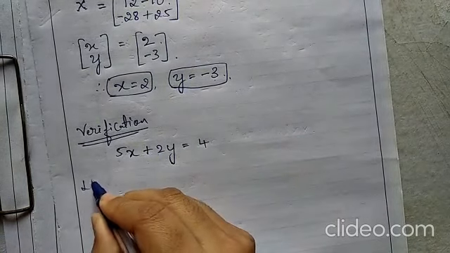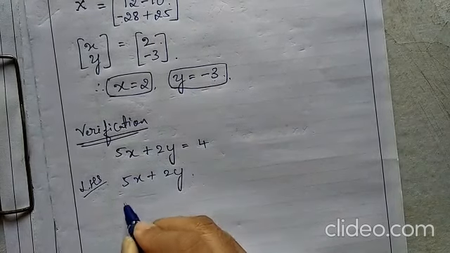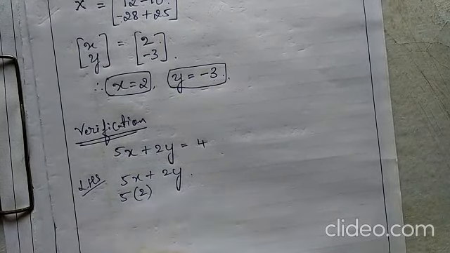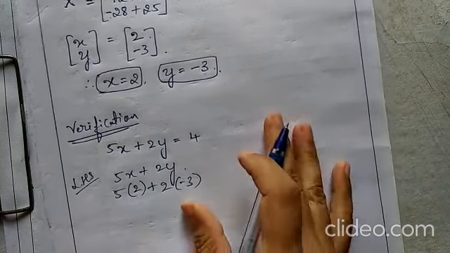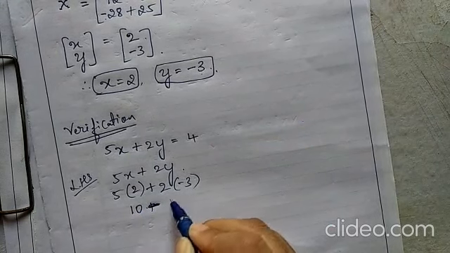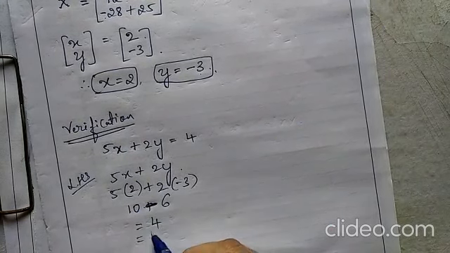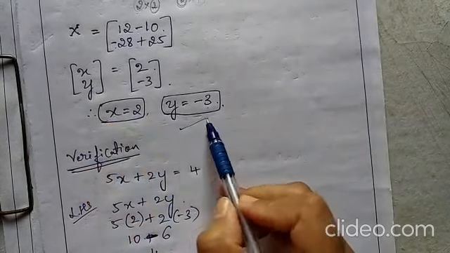First take the LHS part, 5x plus 2y. So 5 into 2, the value of x is 2, and the value of y is minus 3. What is the answer? 10 minus 6, which is 4, equal to RHS. So your answer is correct.